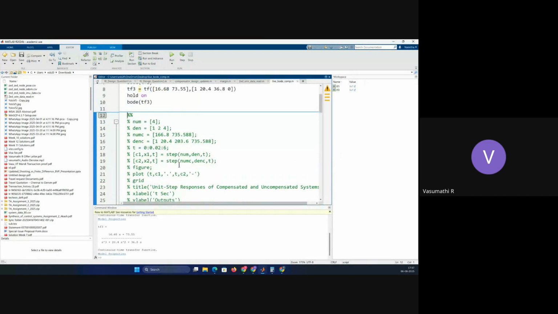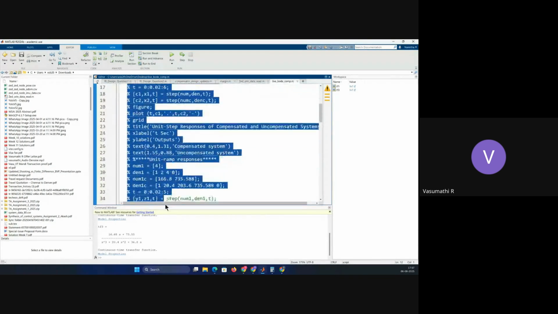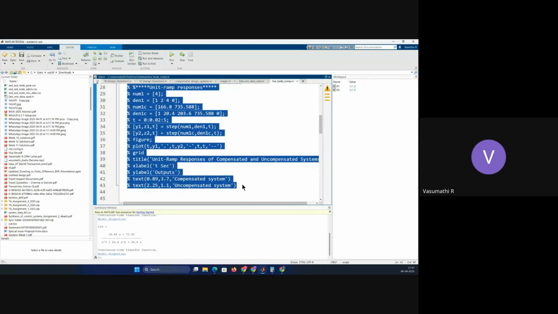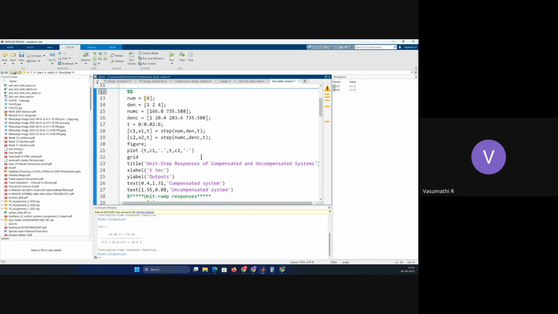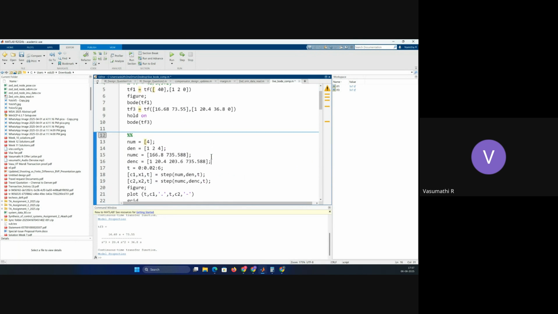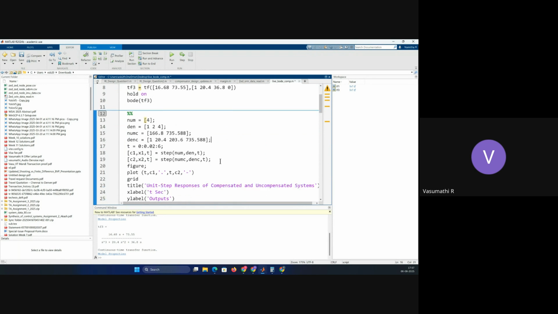Now, just to understand the nuances behind this, I'm plotting the responses of the compensated and uncompensated system. This is the overall compensated transfer function.